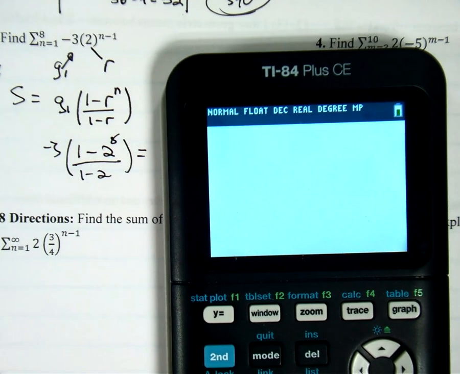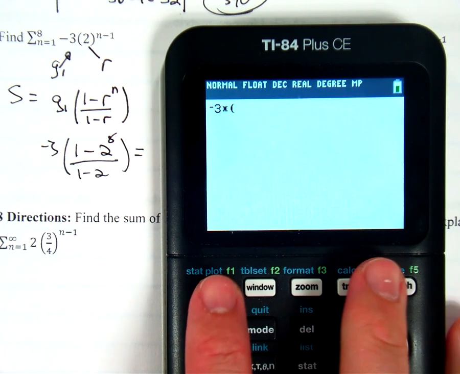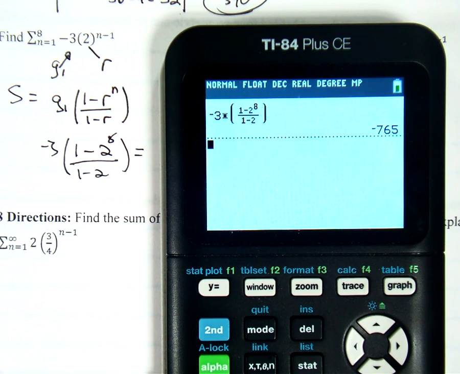Okay, again, we can go negative 3 times parentheses, maybe do the fraction bar. Alpha y equals 1 minus 2 to the 8th on the top, and then 1 minus 2 on the bottom, closed parentheses, negative 765.